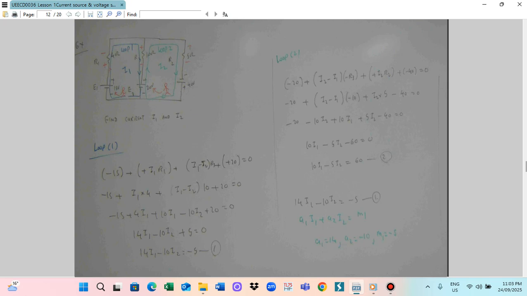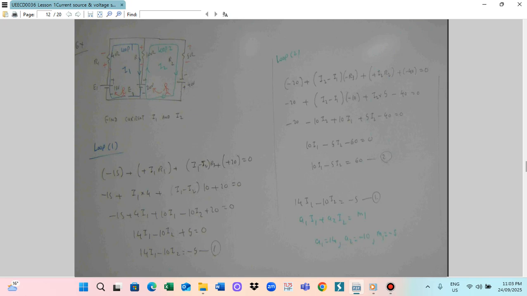So that way you solve: minus 20 minus 10 I2 plus 10 I1 plus 5 I2 minus 40 equal to 0. So that way we get 10 I1 minus 5 I2 minus 50 equal to 0. So 10 I1 minus 5 I2 equal to 50. This is equation 2.